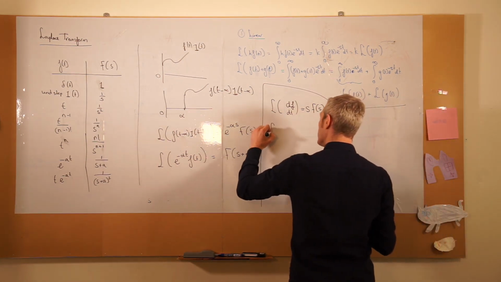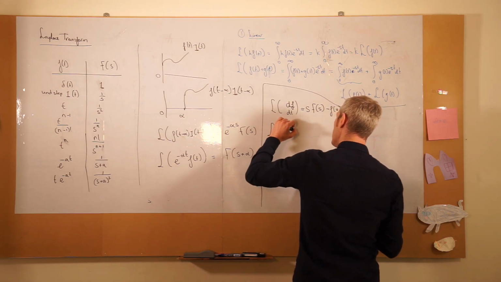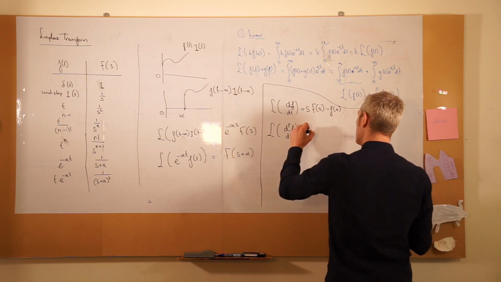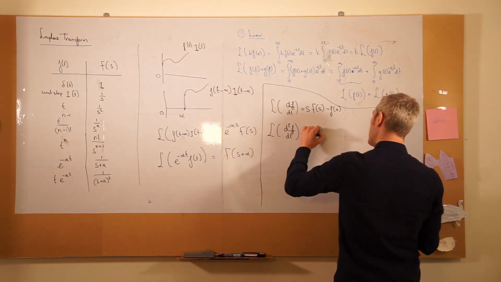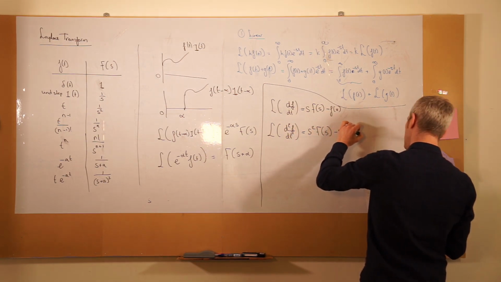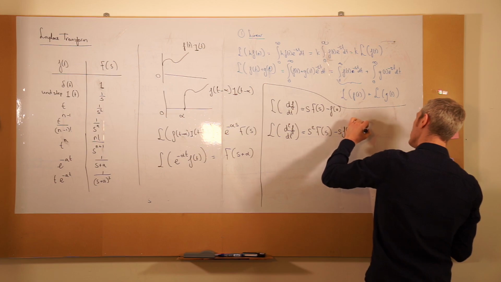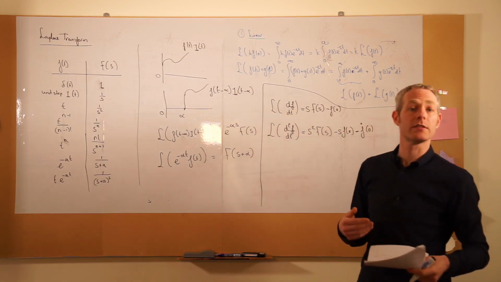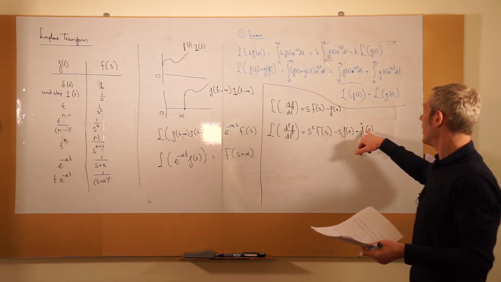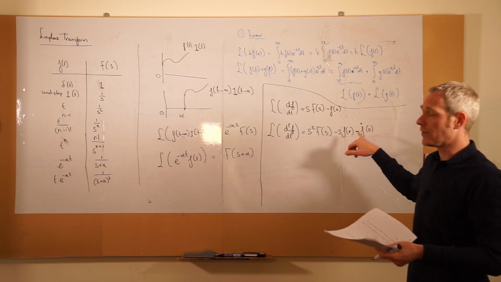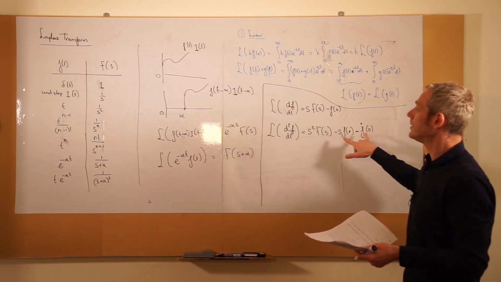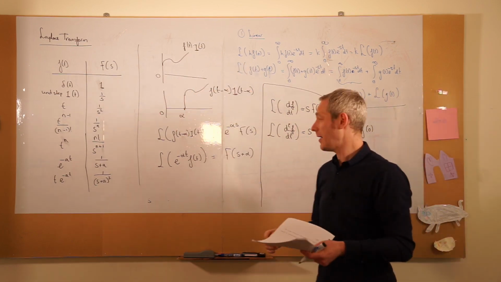If we look at the second derivative, d squared f over dt squared, then that's equal to s squared F(s) minus s times f(0) minus f dot (0). And the dot notation is equivalent to the derivative in time. So this is the value of the first derivative of f at t is 0, and these values we take from our initial functions f.